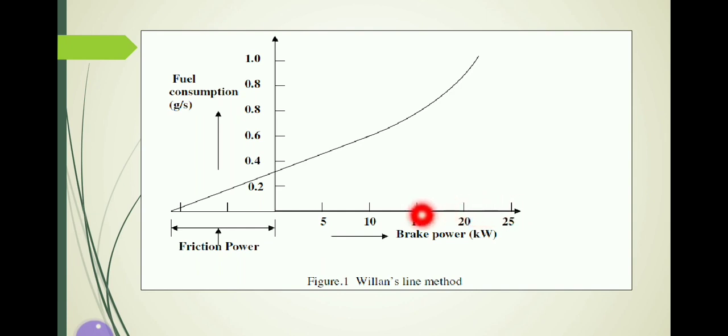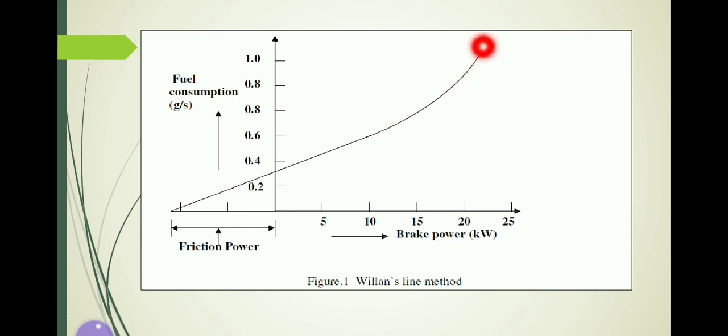Now we have seen how to measure the brake power. By using the dynamometer, we can measure the brake power. So whatever brake power is produced is plotted on this x-axis, and at the same time how much fuel is used for producing that brake power is shown on this y-axis. And one graph is going to be plotted by taking a number of readings in this way.